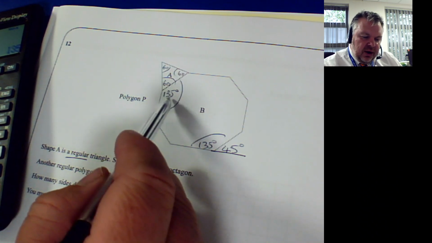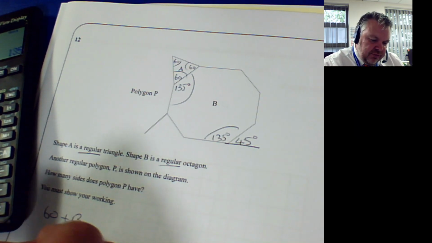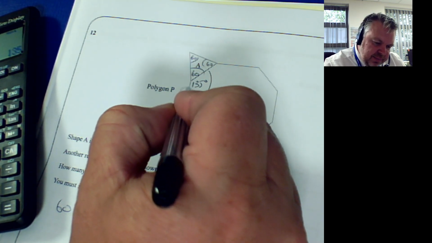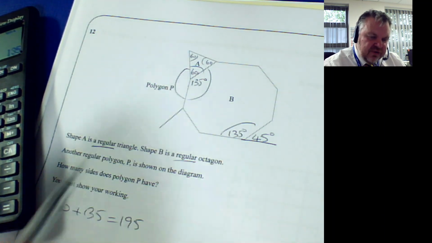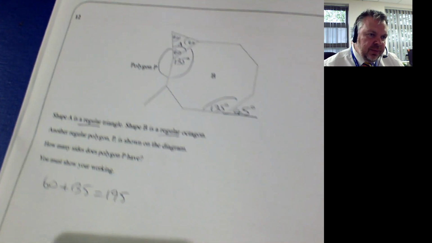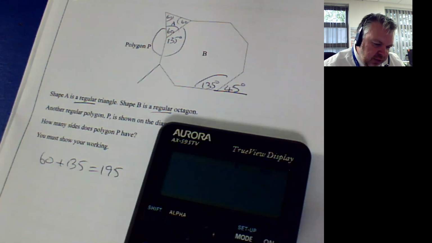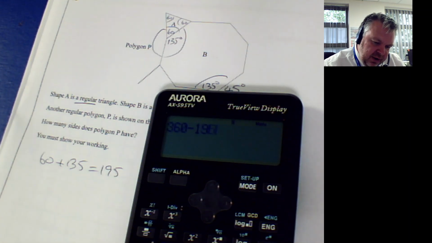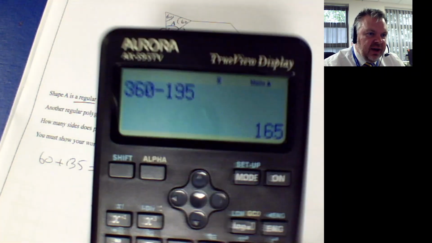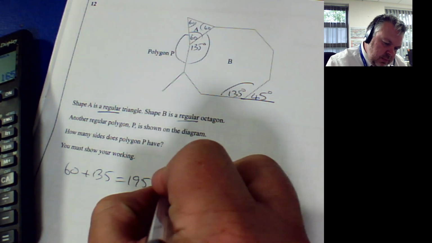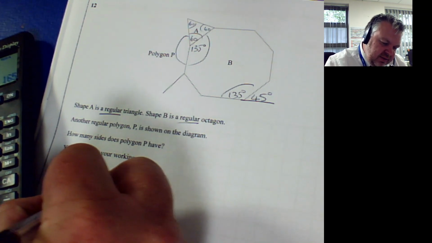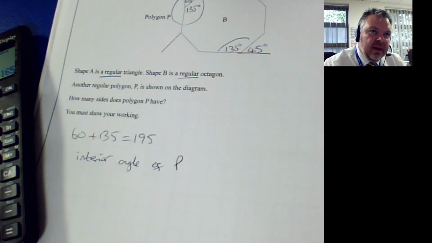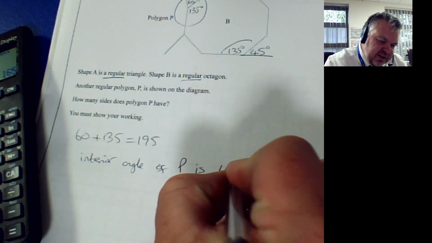In total so far, I've got 60 plus 135 is 195. The other part of this shape is going to be whatever angle it is that will make it add up to 360. So 360 minus 195 is going to give me 165. So the interior angle of P is 165 degrees.